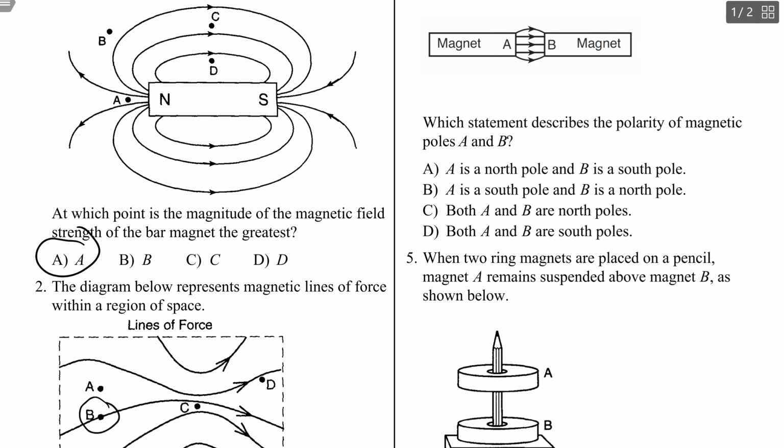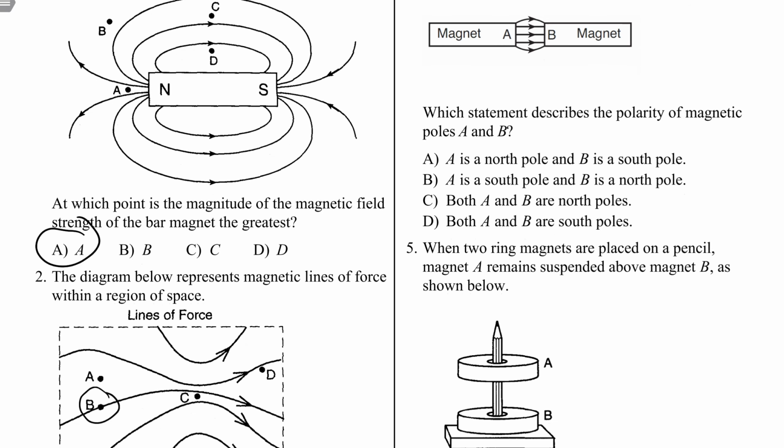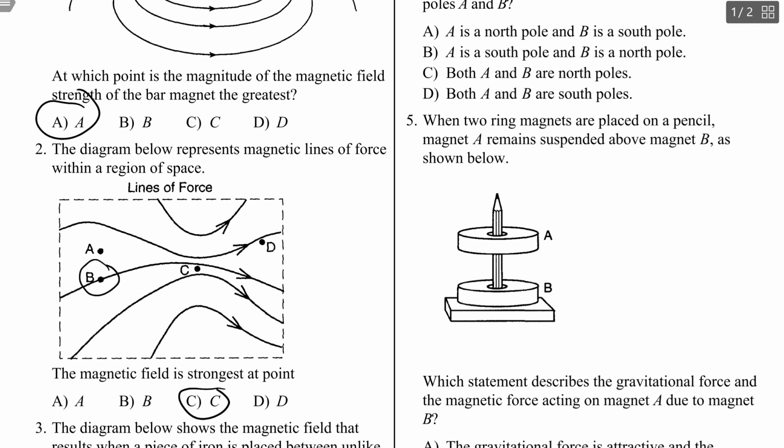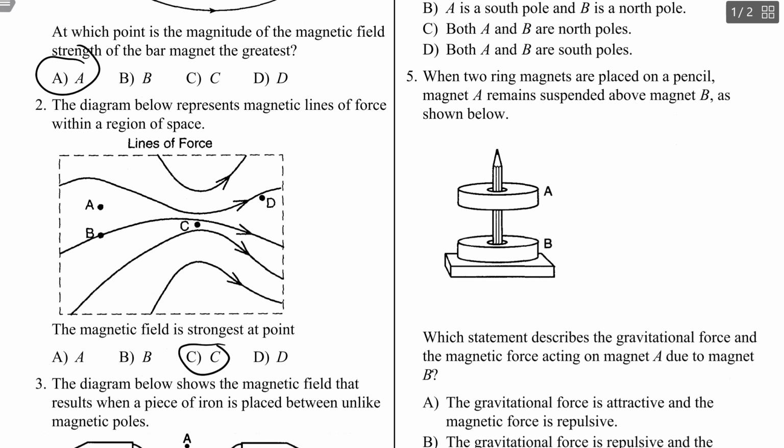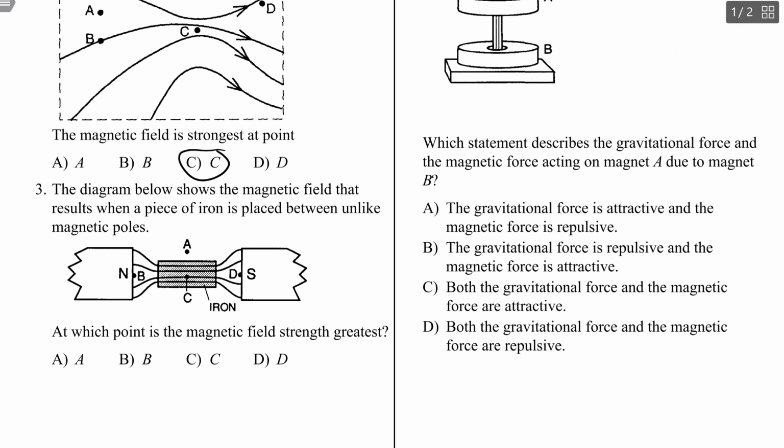As I said before, the lines are just a model to help describe the field. It's not like the field is only along the line and it's not anywhere else. It's a region. The whole region is the magnetic field, and the closer the lines are to each other, the stronger the field is. Kind of a weird concept.